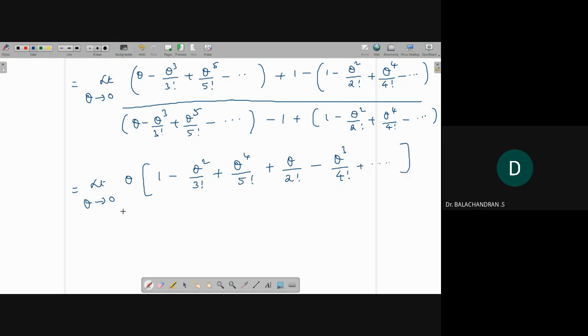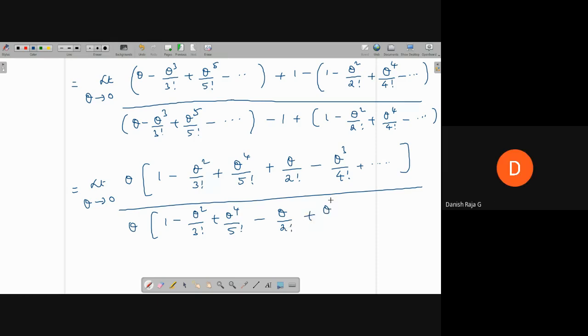The denominator, you can also take theta commonly after cancelling minus 1 and plus 1. So you have 1 minus theta square by 3 factorial plus theta power 4 by 5 factorial, and then minus theta by 2 factorial plus theta cube by 4 factorial, and so on.